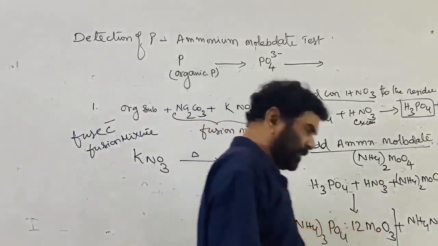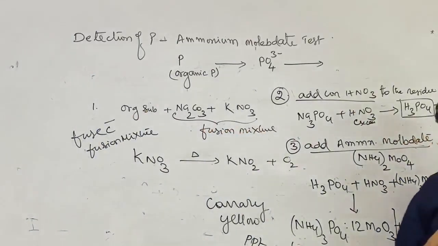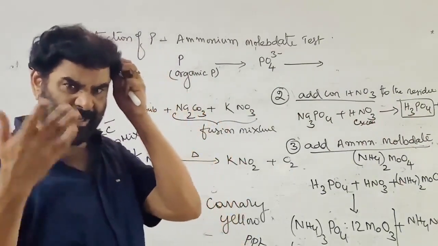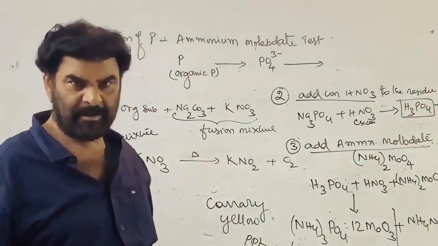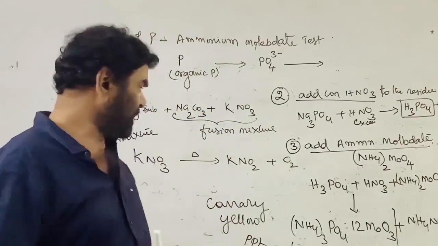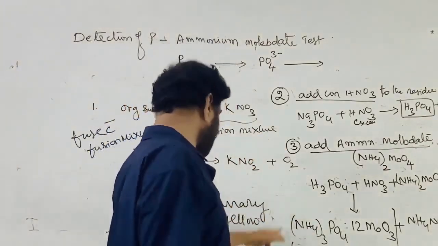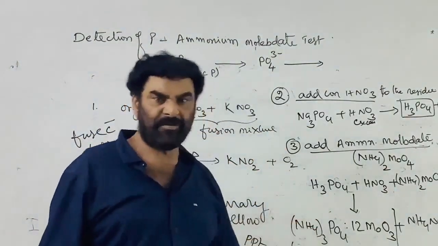It is a yellow precipitate, and a yellow precipitate with a specific shade is called canary yellow. In the red color there are many shades: rose red, brick red, post office red. Similarly, in the yellow color also there are many shades. One of the shades is called canary yellow.